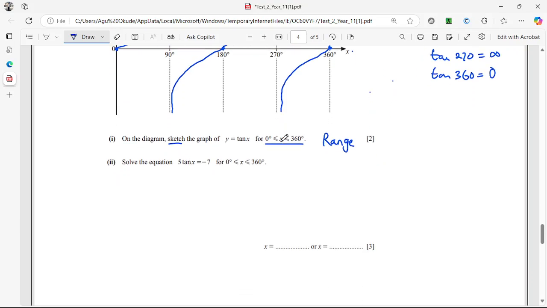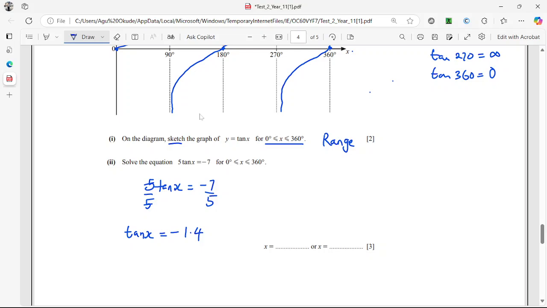Now we want to solve this equation. I have 5 tan x is equal to negative 7. Now divide both sides by 5, so 5 cancels out 5. I have tan x is equal to negative 1.4.